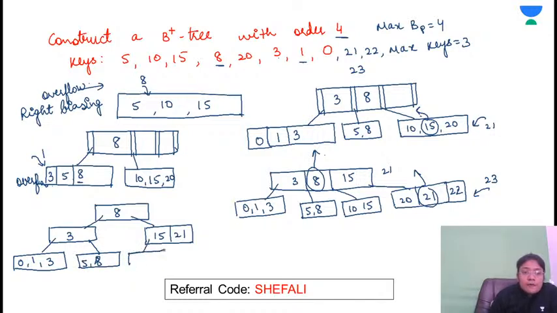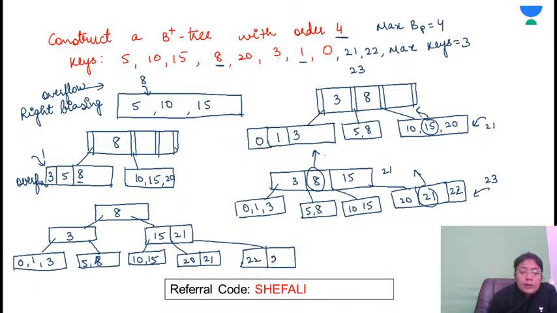Elements are 10 and 15. Elements are 20 and 21, because 21 is going from the leaf level to the internal level, so its copy will be maintained. And here we have the elements 22 and 23.